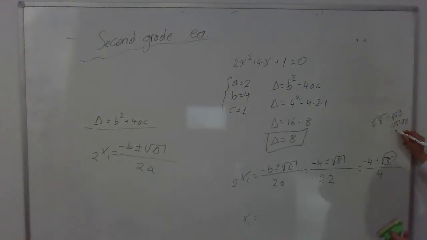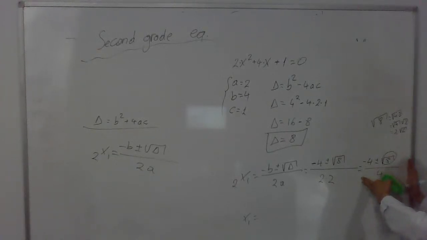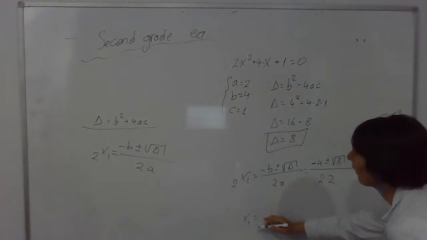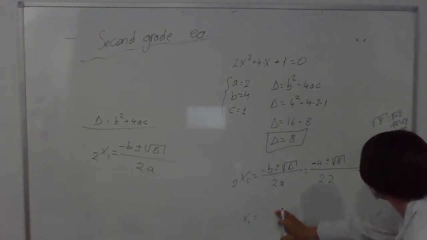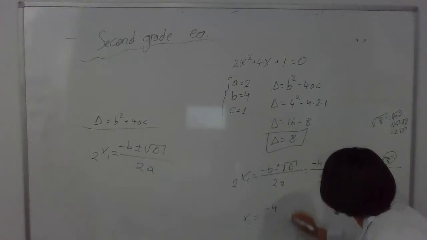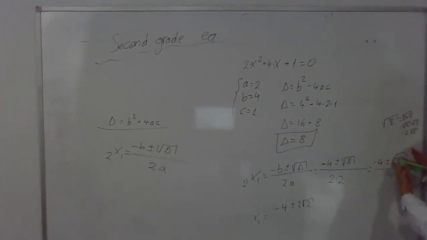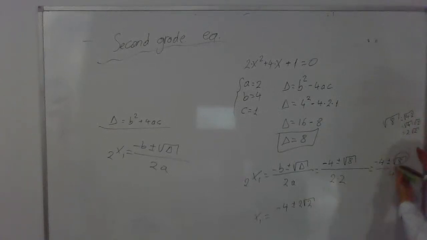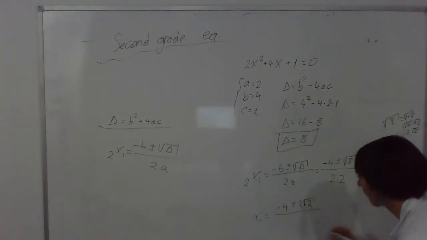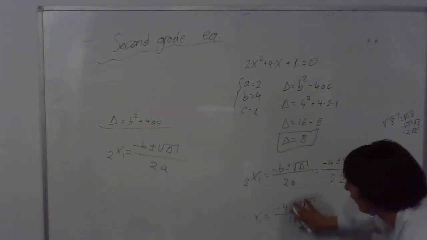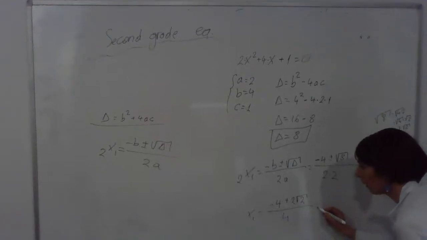And I can write the square root of 4 as 2, so 2 times the square root of 2, if you want. But also like this, it's fine. It doesn't matter. So x1 equals minus 4 plus minus 2 times the square root of 2. You can also keep the square root of 8. If this is very complicated for you, keep the square root of 8 if you want, okay? So over 4. This is the x1, so it's plus equals.